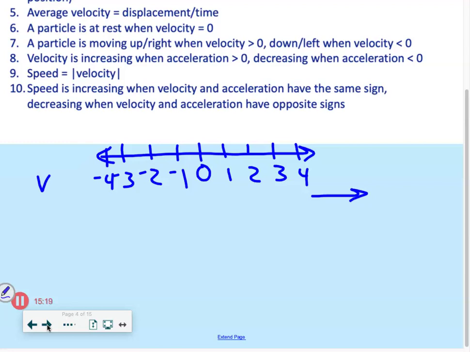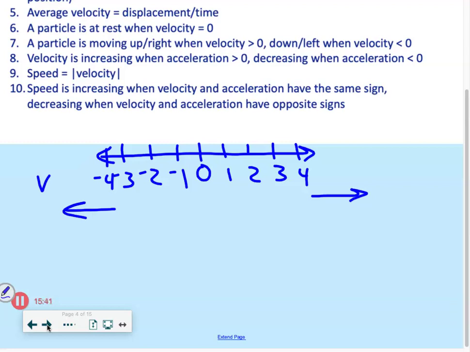Say I'm down here. If my velocity is negative and my acceleration is negative, then what's happening with my velocities? They're technically decreasing. I'm going from -1 to -2 to -3 to -4 to -5.